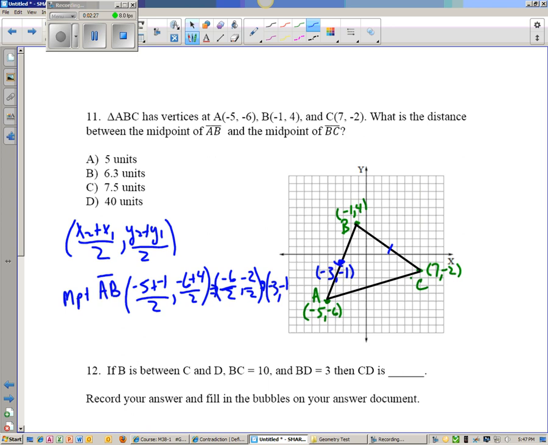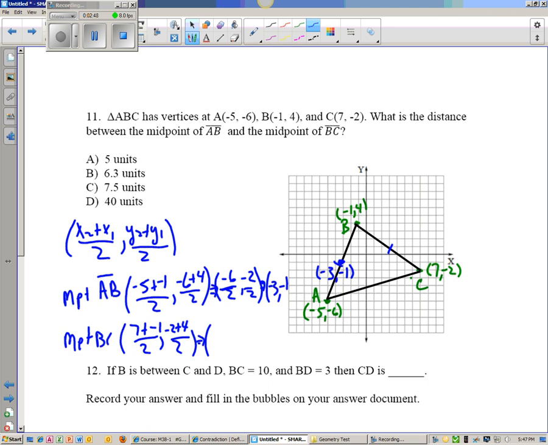I need to find the midpoint of BC, so midpoint of BC, kind of doing the same thing. I'm going to add 7 plus -1, divide by 2, and then I'm going to add -2 plus 4, and then divide by 2.